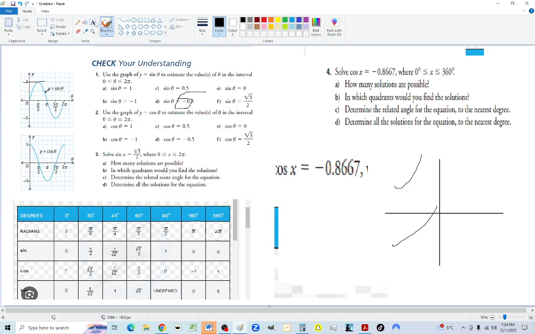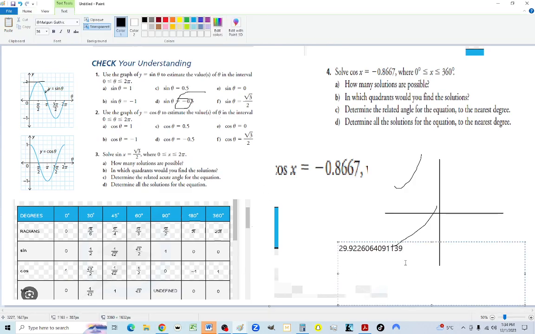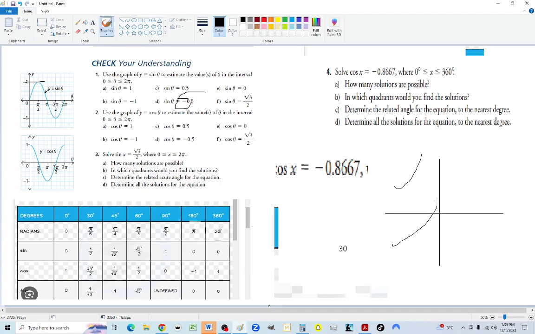So really we're talking about this angle, and we can probably just say 30 degrees. 30 is the acute angle, which you would find over here. In this quadrant, it's 180 minus 30, so we're talking 150. And for the other one, it's 180 plus 30, so we're talking 210.